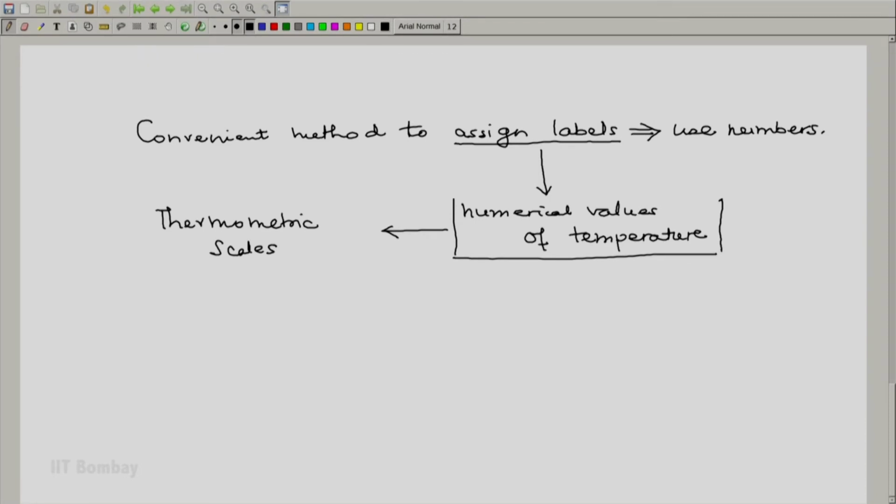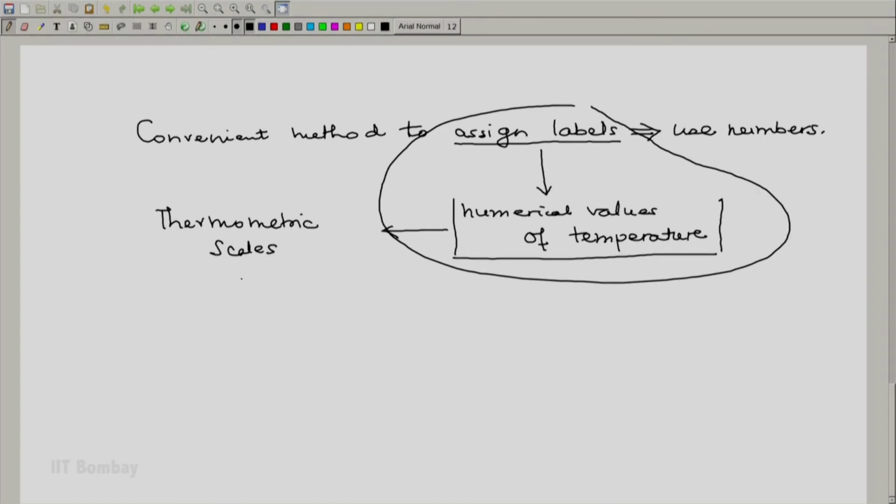And the process of assigning labels and creating thermometric scales and using that to measure the temperature of a given system in a specified state is known as thermometry.